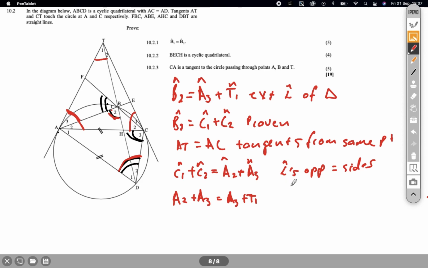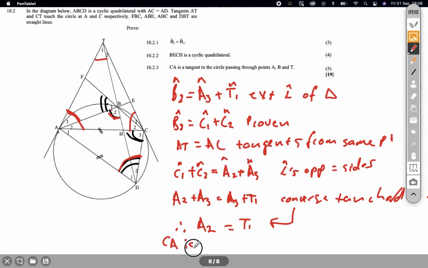And the reason for that is angles between line and chord, or you can say converse tan chord. Therefore, you could say that A2 is equal to T1. This would be a reason. Then you can conclude that CA is a tangent.